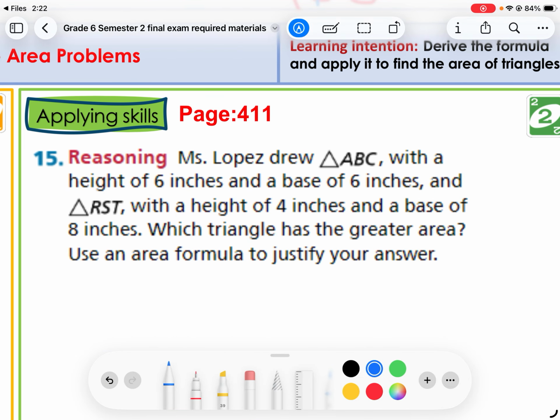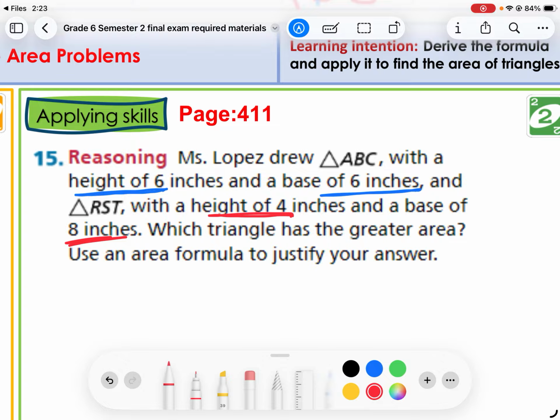Here we have a real life word problem. Miss Lopez drew the triangle ABC with a height of 6 inches, and the base is also 6 inches. She also drew another triangle called triangle RST. The height of that triangle is 4 inches and the base is 8 inches.